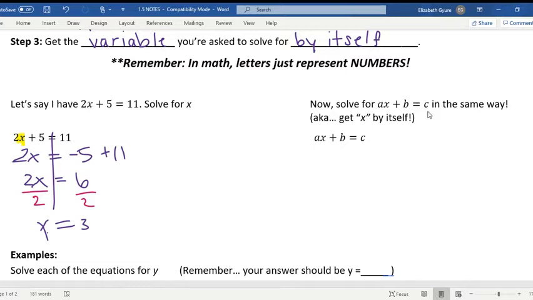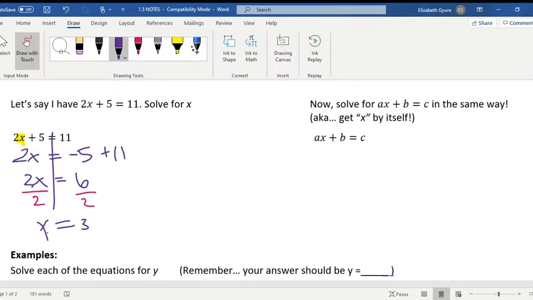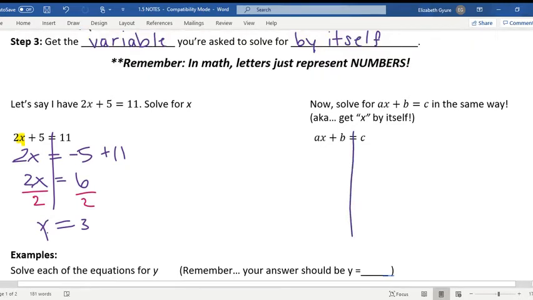We're going to get x by itself. So we're still going to use our 2-column method here, okay? But instead, we don't want to get numbers on the other side. We want to get x on the left, and then anything that's not an x is going to move to the right, okay?